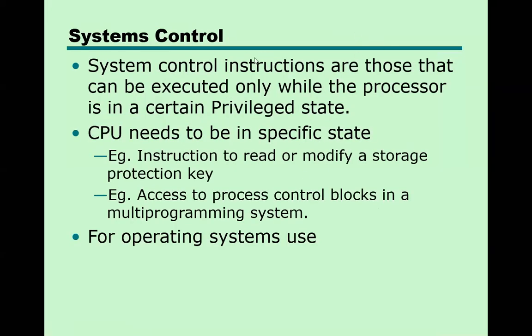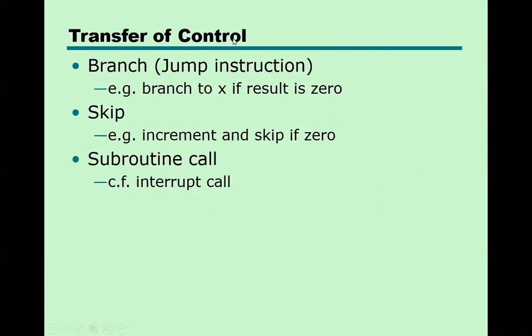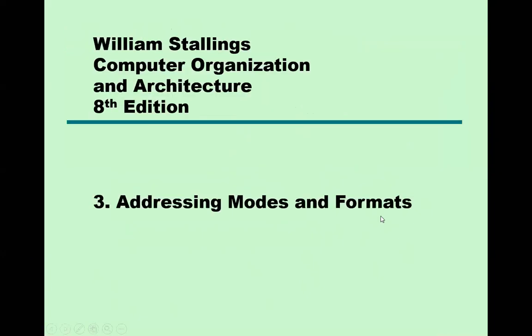Then system control, whatever instruction you write in system control, it is for the operating system to control the system. And transfer of control, like the jump instruction and the branch instruction, comes under transfer of control.